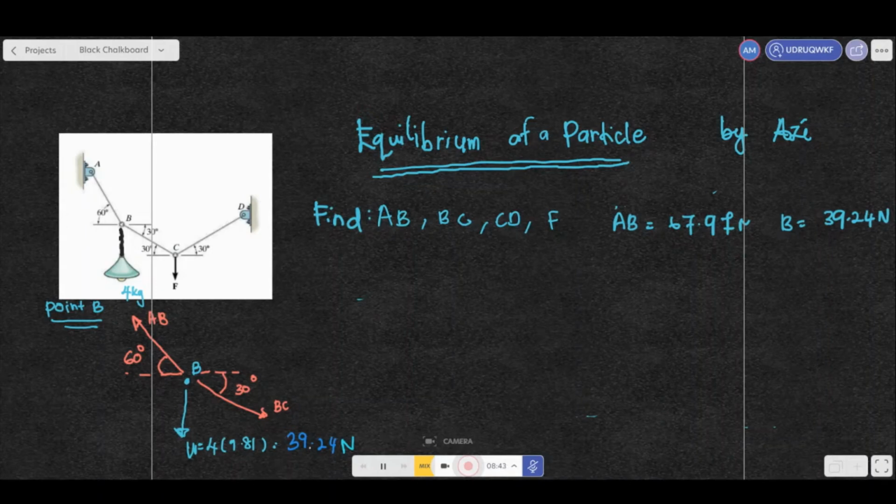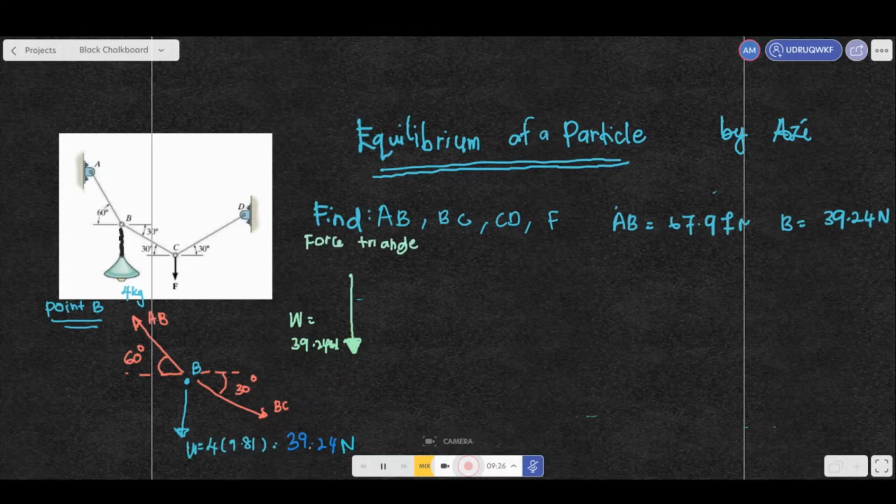If you want to solve the problem using the cosine triangle, of course you have to construct the triangle. We have W, the weight of the lamp, which is equal to 39.24 Newton, and then we have BC. We have to connect head to tail if we are using the triangle method.